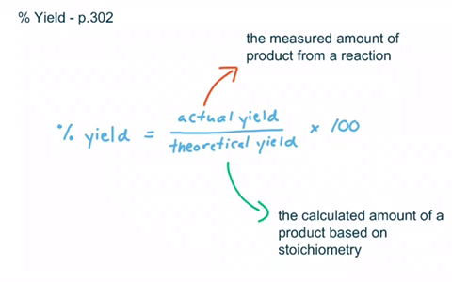The actual yield, which is the measured amount of product from the reaction, and that will normally be given to you in the problem. And then the theoretical yield, which is what's calculated based on stoichiometry, like all the calculations we've been doing with limiting reactant. So this you're actually going to have to calculate first.